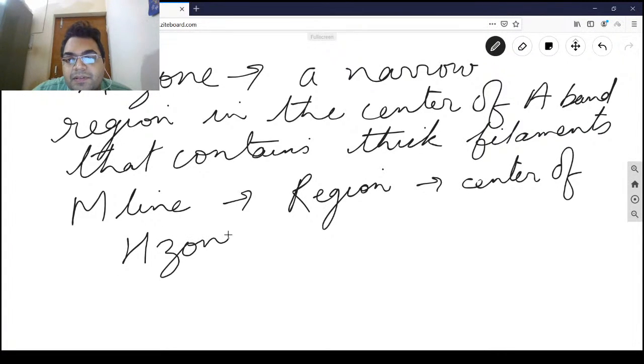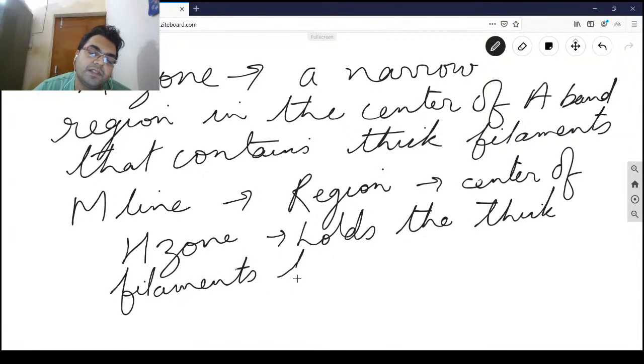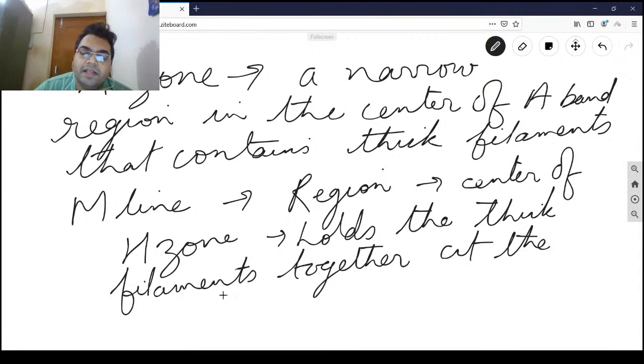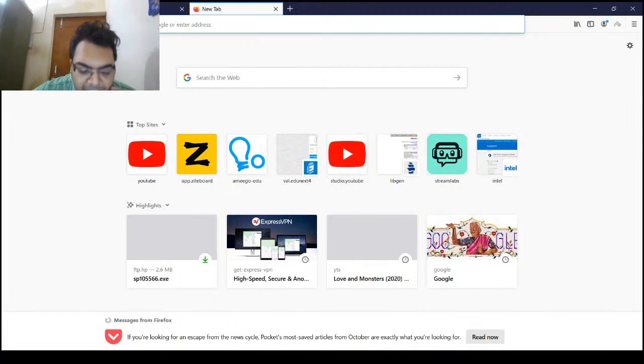Center of A is H, and the center of H is the M line, which holds the thick filaments together at the center of the sarcomere. So let's see if I can find an image for you.